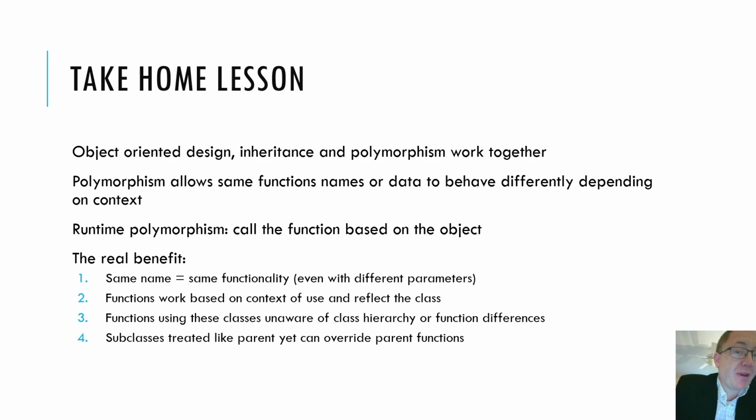The function is based on the object, not the class. The individual object knows what kind of class it is. Even if you say it's a linked list object, the object itself knows, no, you might call me a linked list object, but really I'm a doubly linked list object, right?